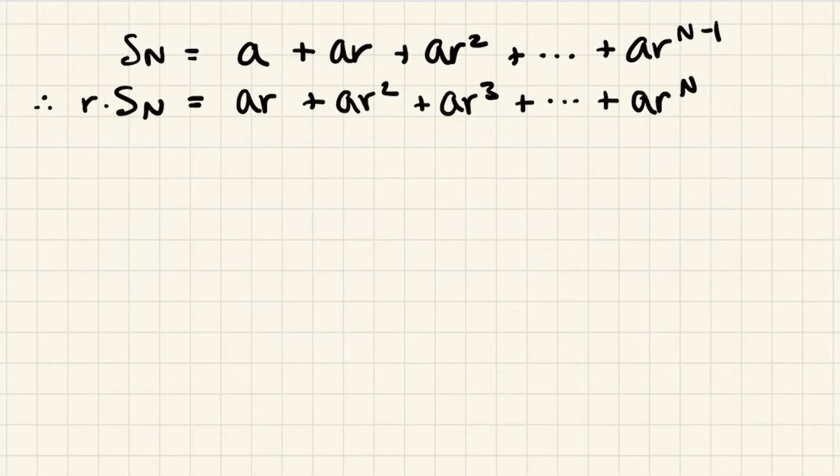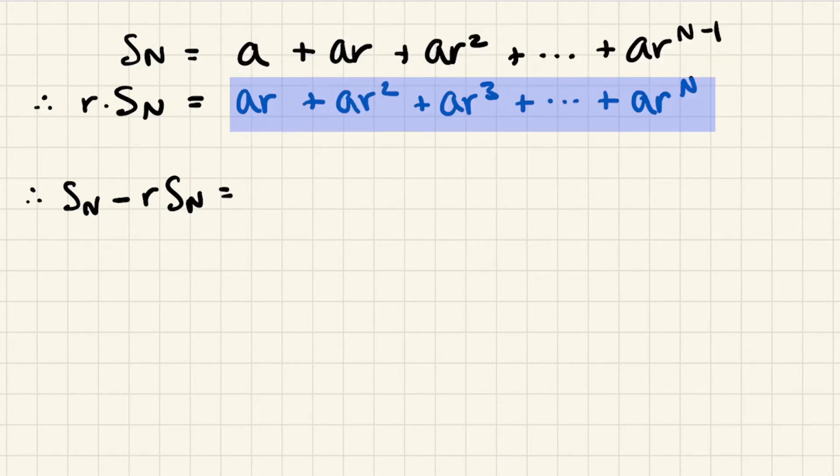The reason we're writing that there is so that we can now subtract rS_N from S_N, and we're going to get this line minus this line.